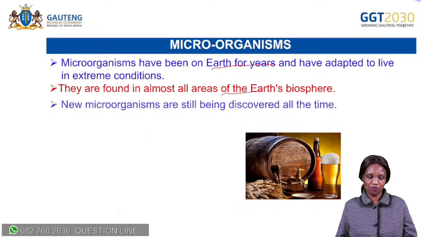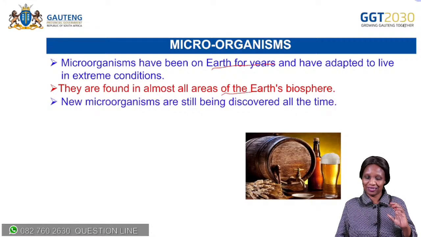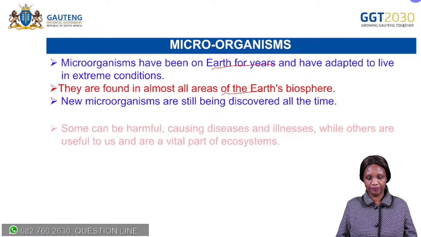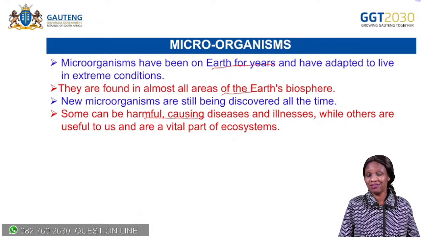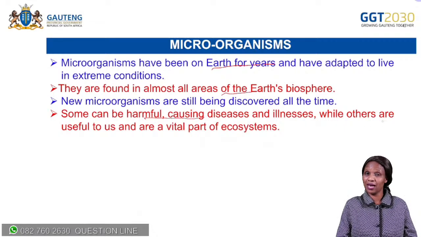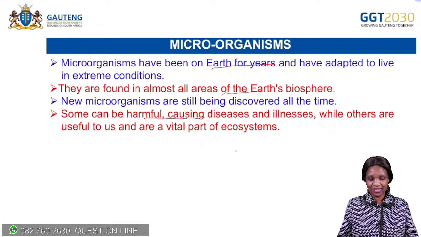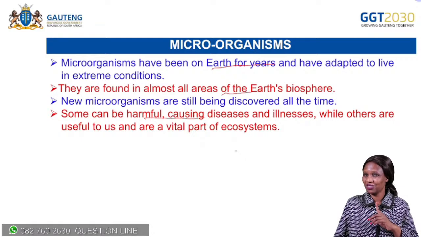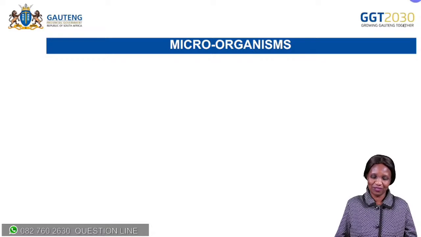And then let's move on. And then new microorganisms are still being discovered all the time. Okay. Some can be very harmful, causing illnesses and diseases, while others are useful to us and a vital part of the ecosystem. You still remember the ecosystem, don't you? Okay, let's move on.